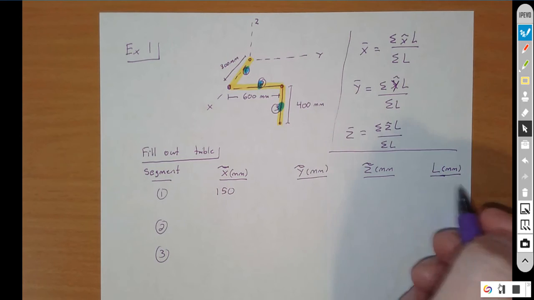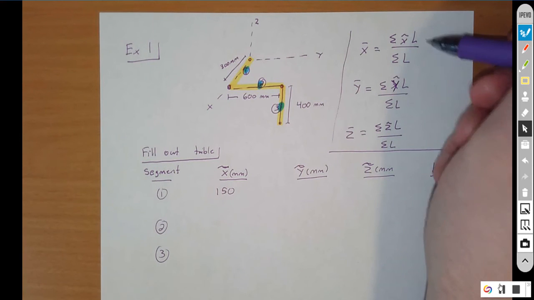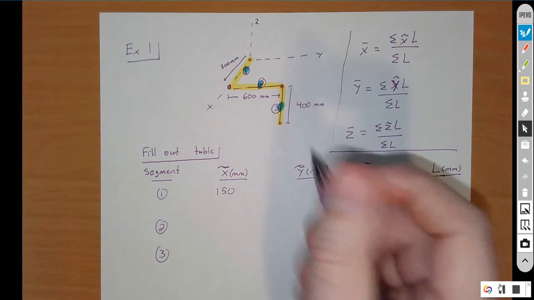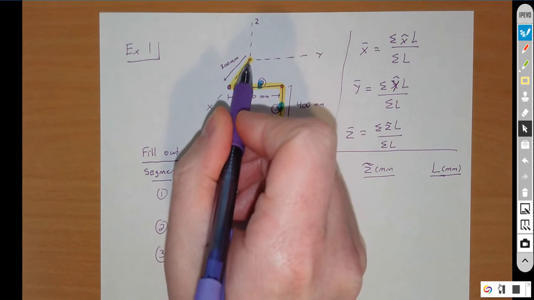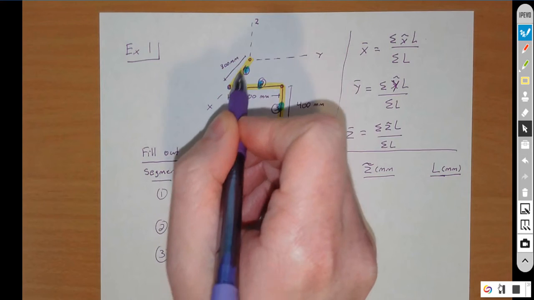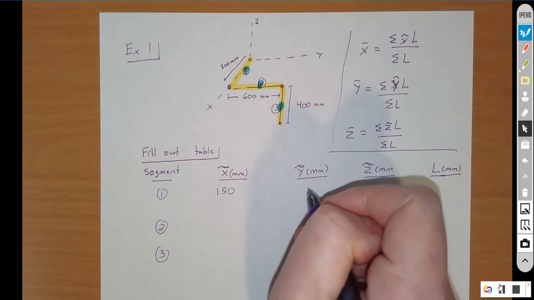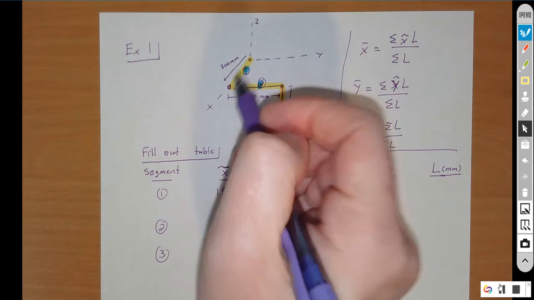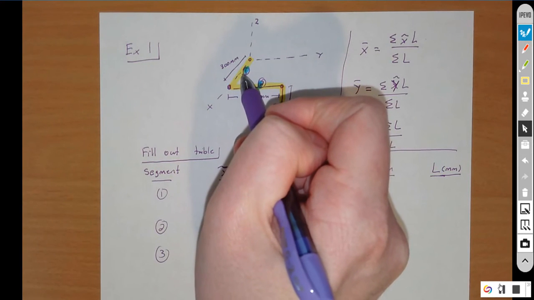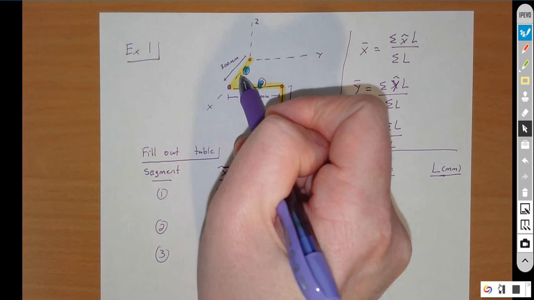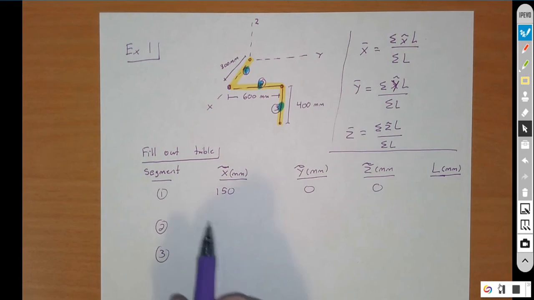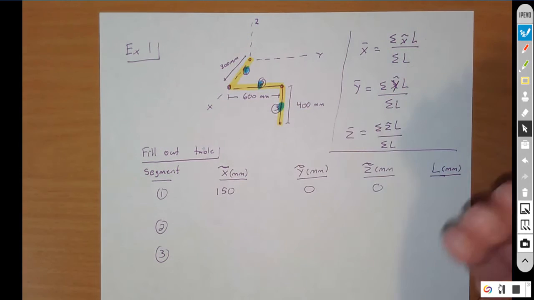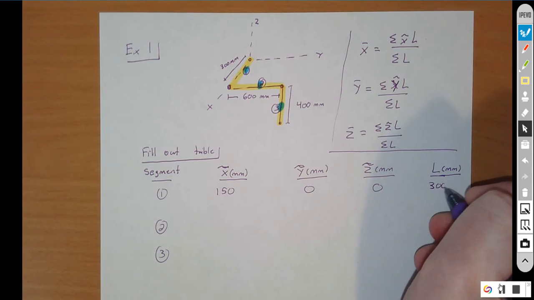Everything's in millimeters, which means that when I do my math, I'll get millimeters over millimeters, and it will all work out. In the y direction, the entire bar lies at 0. Same thing in z. So the location of this point is 150, 0, 0, if you want to write the coordinates of it. And the last piece of information I need is how long is this bar? This bar is 300 millimeters long.